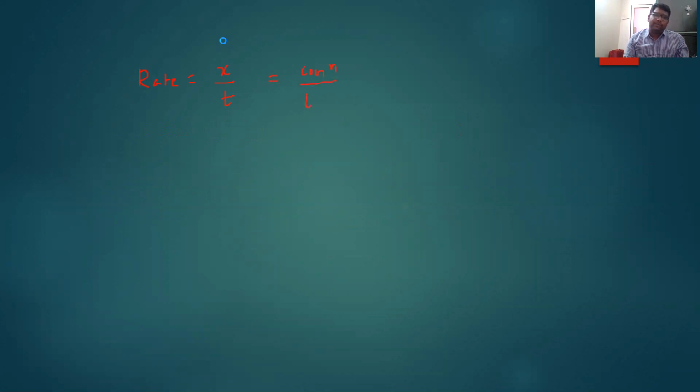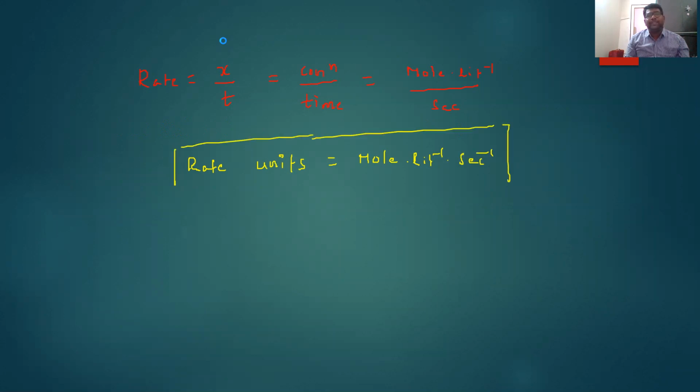The units of concentration are moles per liter, and time is in seconds. So the units of rate are mole per liter per second. So this is the units of rate.